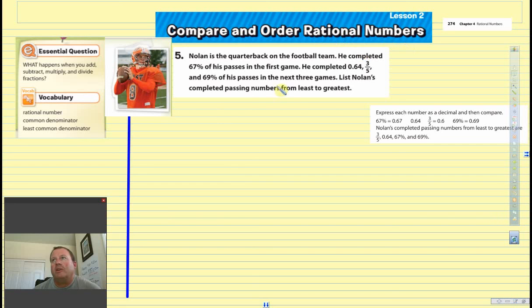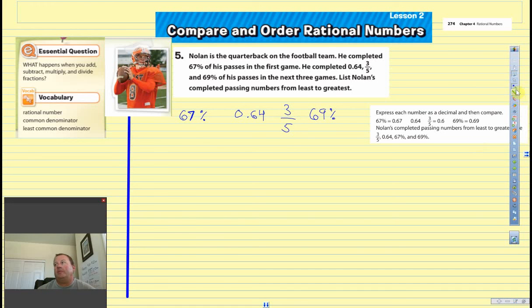We're still ordering rational numbers, but this time I got a percent, 69%. Sorry, 67%. That's the first one. The 69% comes last. 0.64, 3/5, and then our 69%.